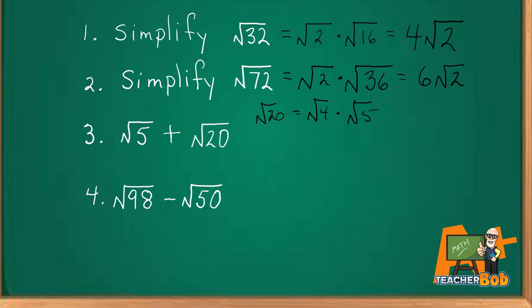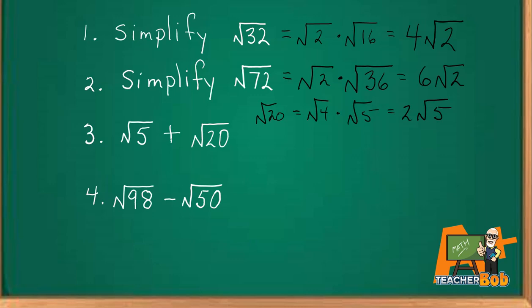And we can further break down that square root of 4, can't we, to 2. So we end up with 2 times the square root of 5 for the square root of 20. So now we can add those because we've got the same index and the same radicand.